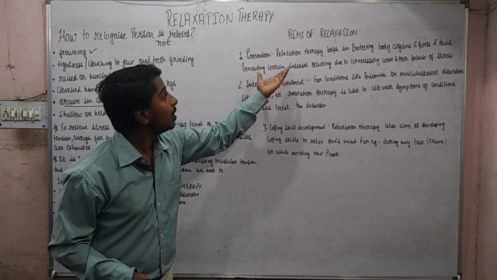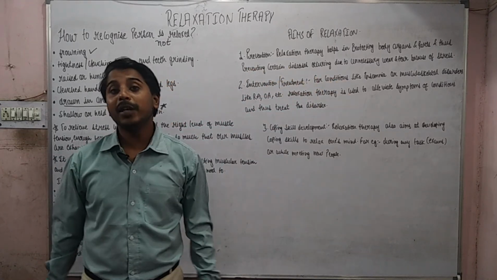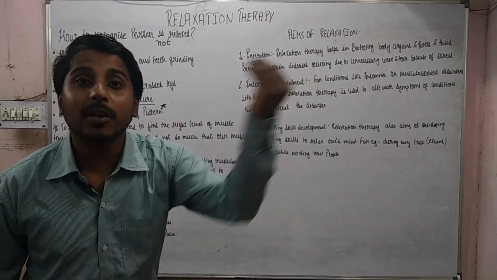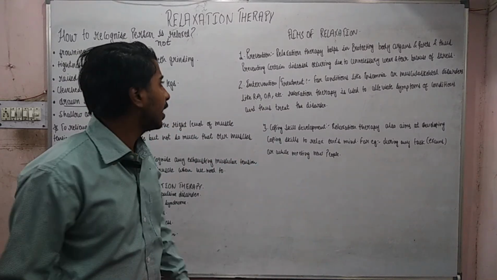Thus it prevents certain diseases which occur due to unnecessary wear and tear of the body due to stress. Simply saying, stress can cause wear and tear, further damage of organs, and any pathology can occur.